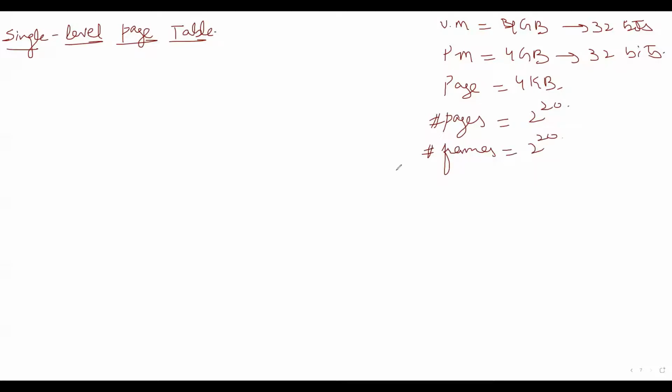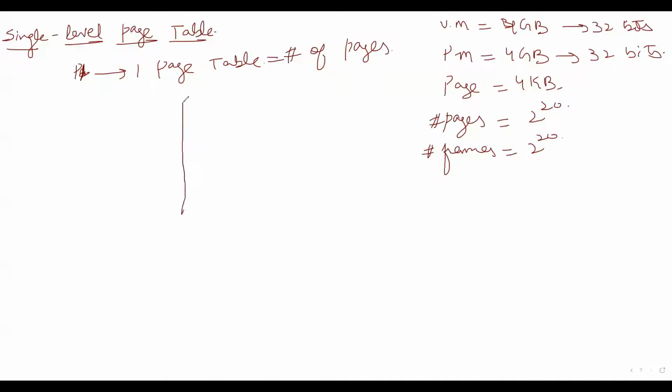Okay. So let's say in this processor we have one process. For this one process we have to create one page table. How many entries will be there in this page table? It depends upon the number of pages, because for every page there will be an entry in the page table.